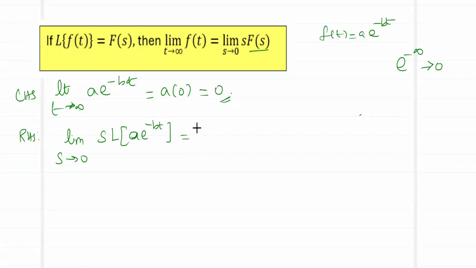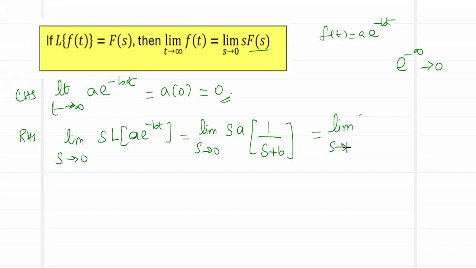Here s into a, with a coming outside. We know the Laplace of e power minus bt is 1 divided by s plus b. So totally we have limit s tending to 0 of s a by s plus b. As s tends to 0, my numerator approaches 0 and hence the total value moves towards 0.